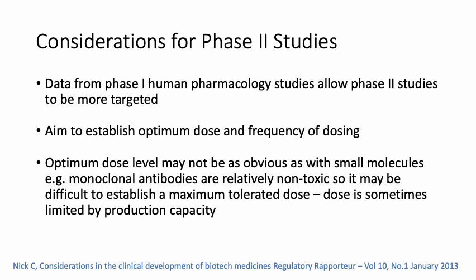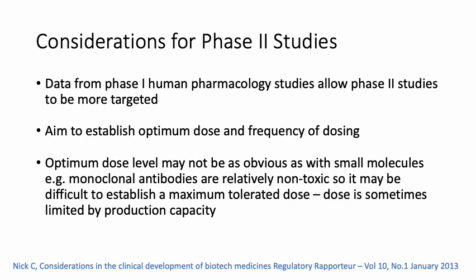For phase 2 studies then, the generation of a comparatively large amount of data for biological medicines in phase 1 compared to small chemical molecules means that phase 2 can be more targeted and sometimes completely bypassed if enough information was generated in phase 1 to establish the optimum dose and frequency of dosing.